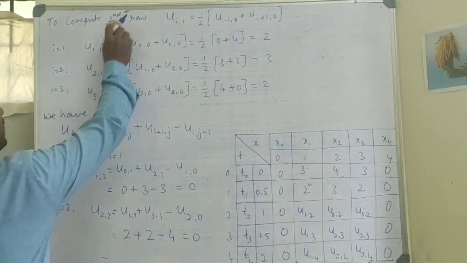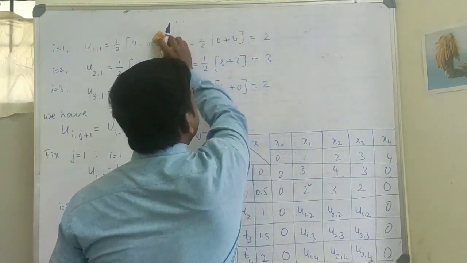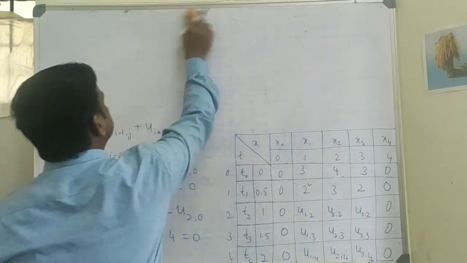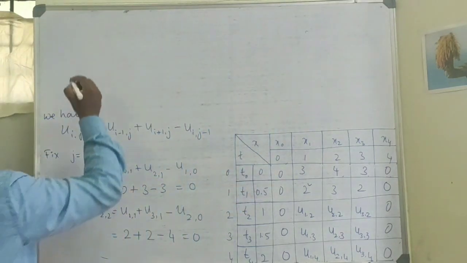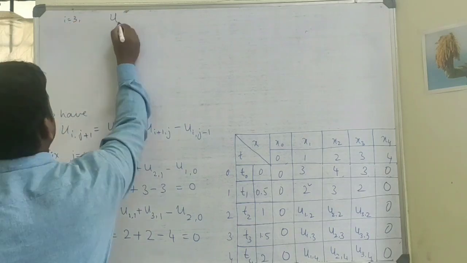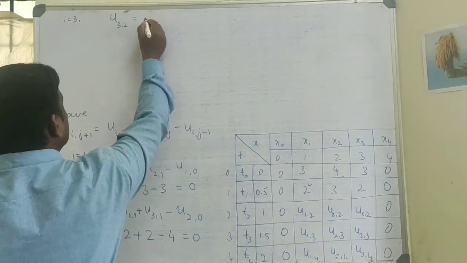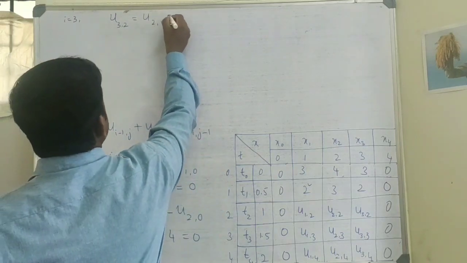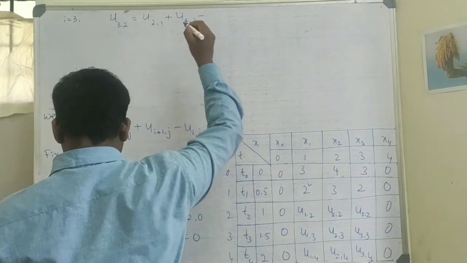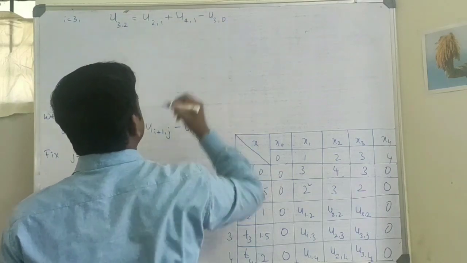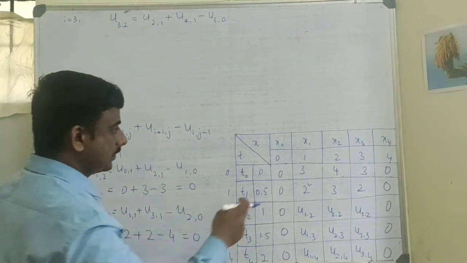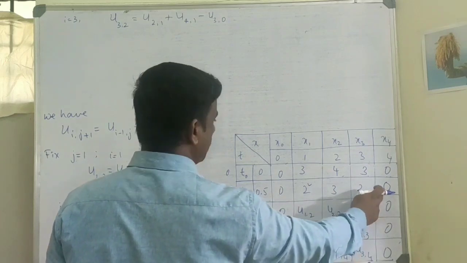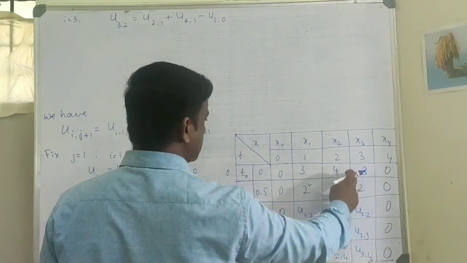Next, put i equal to 3. Then u(3,2) equals u(2,1) plus u(4,1) minus u(3,0). u(2,1) is 3, plus u(4,1) is 0, minus u(3,0) which is 3.